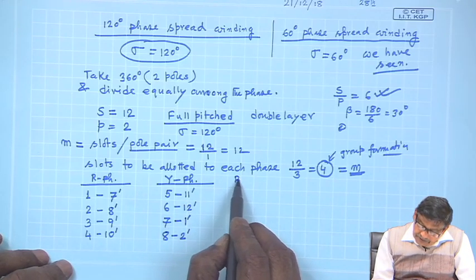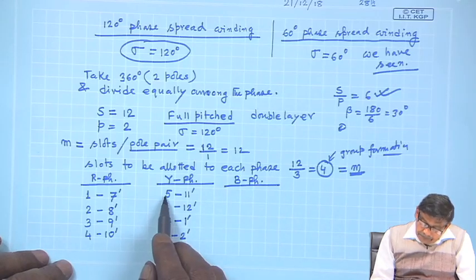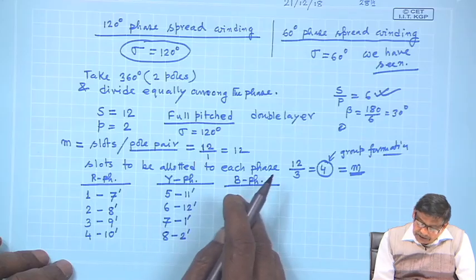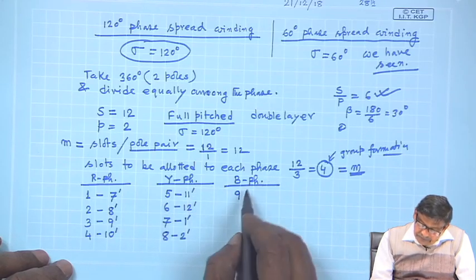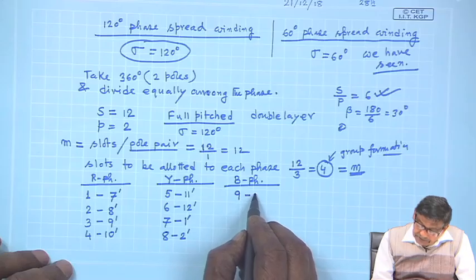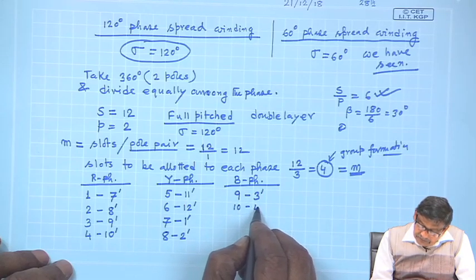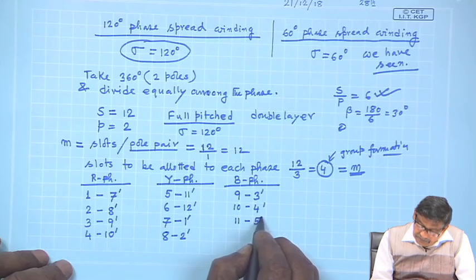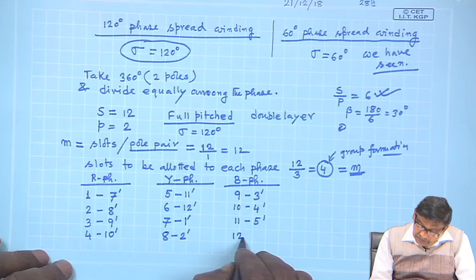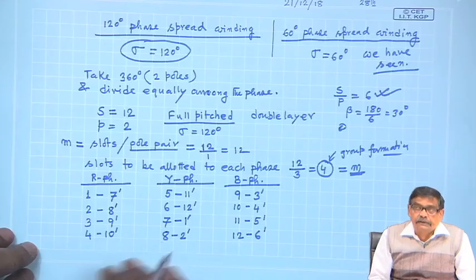And then B phase, 5 plus 4 after 120 degree, B phase starts. So, 9, plus 6, 15 dashed, that means 3 dashed, 10-4 dashed, 11-5 dashed, and 12-6 dashed.